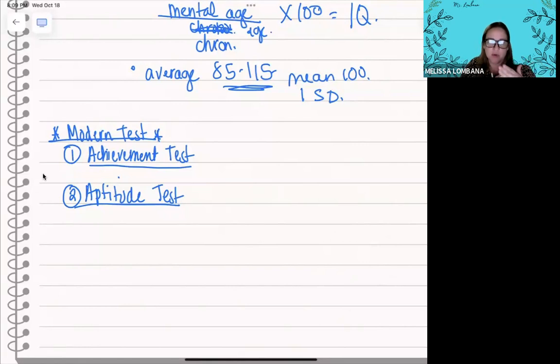For example, college entrance exams, your SATs, are all aptitude. The GRE, right? Your LSAT, things like that are going to be aptitude tests. Because they've seen through research that there is a correlation between how you do on the aptitude test and your success in whatever skill they need you to do.